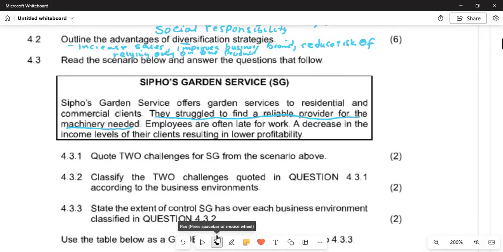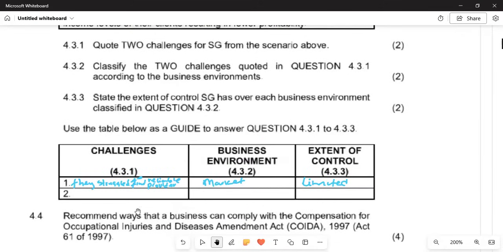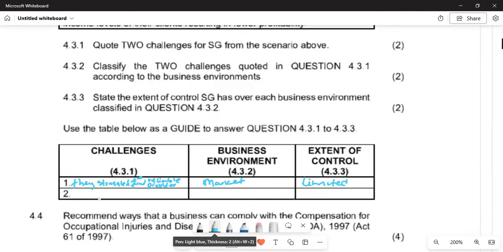So now we come to another one, as we were told to quote two challenges. So another challenge can be that employees are often late for work.